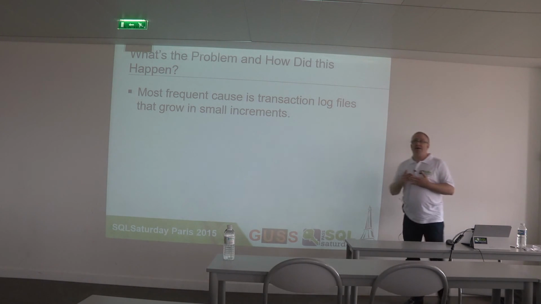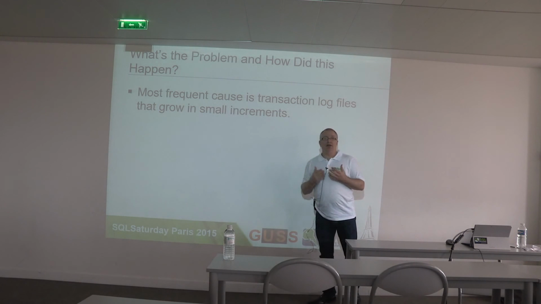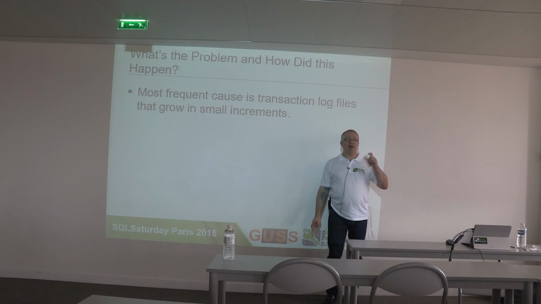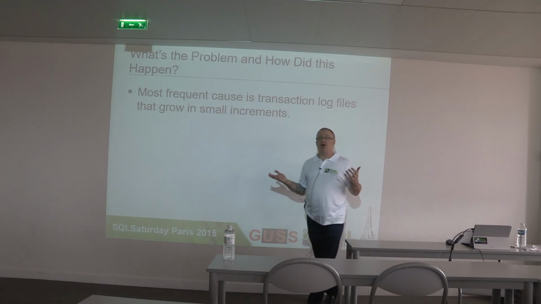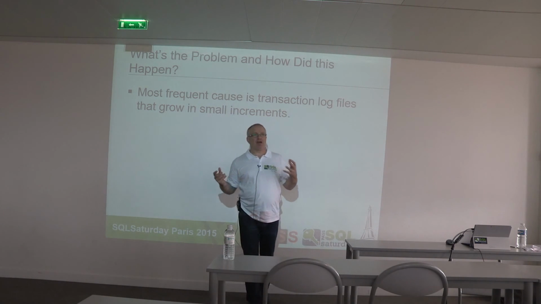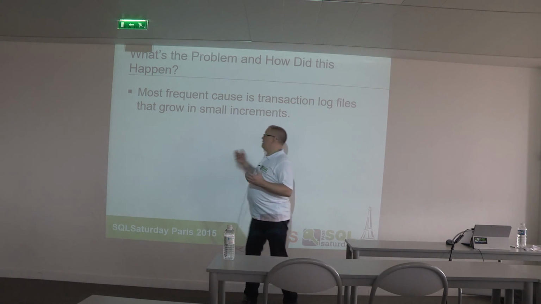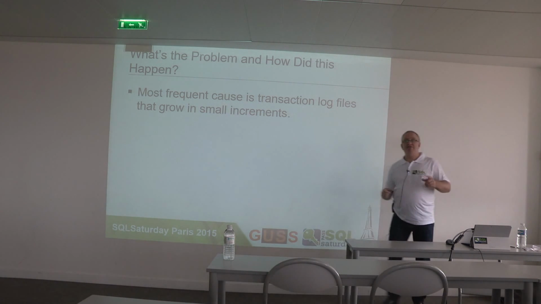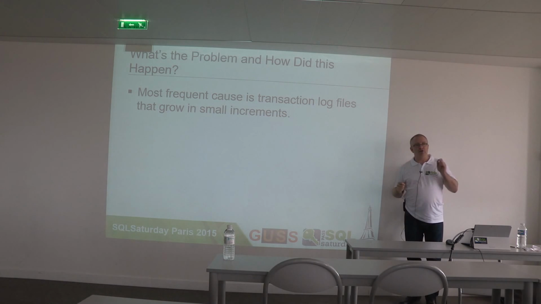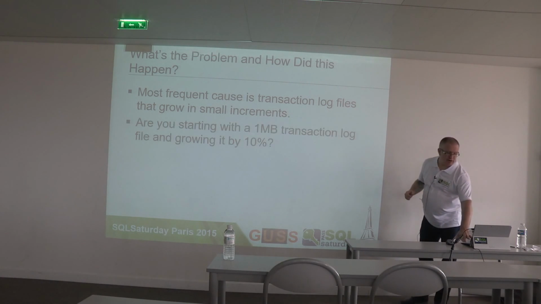If you have a database that is growing in that 10% increment, and that database has been around for a long time, and it has grown and grown and grown, and you have a transaction log file that is several hundred gigabytes, you're going to see that you have a mess and you didn't even know about it. You have a hidden performance problem that you didn't know about. That's what drives me crazy.